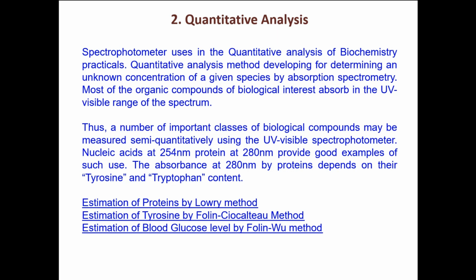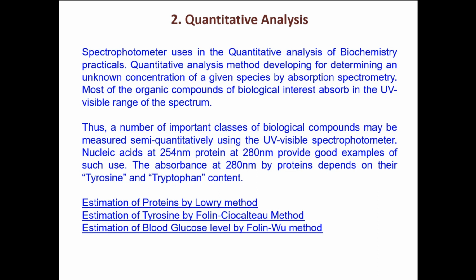Quantitative analysis is very specific: the nucleic acids show the characteristic absorption at 260 nanometers, not 254. You can say 254 to 260 nanometers, whereas proteins absorb at 280 nanometers.